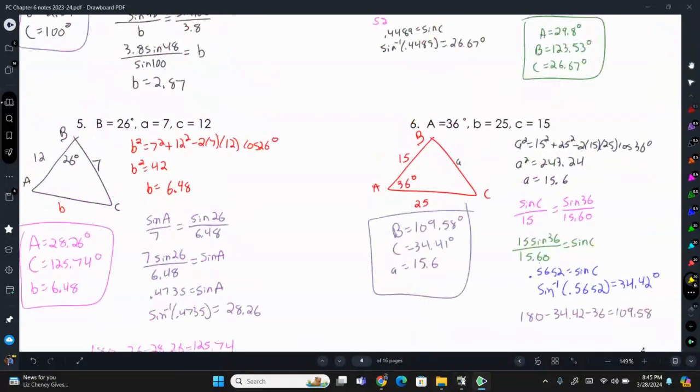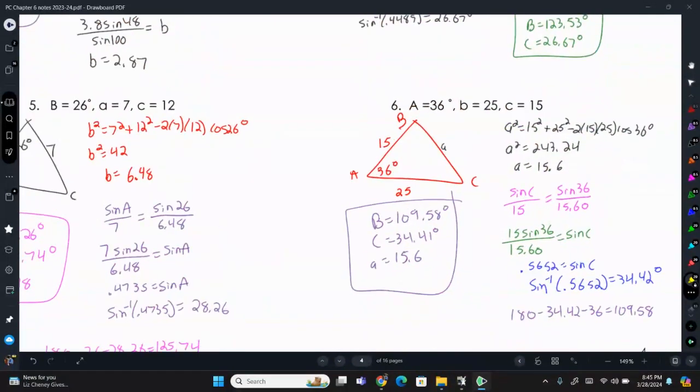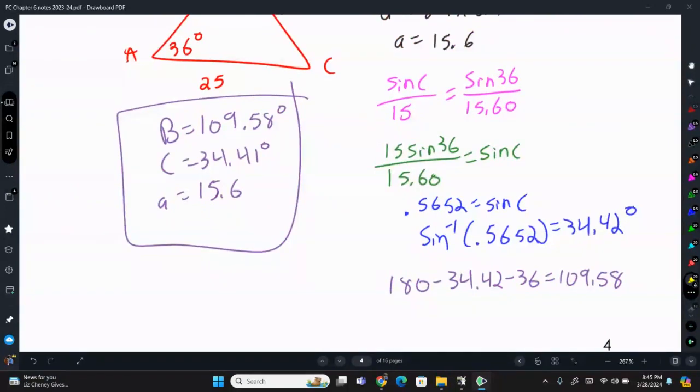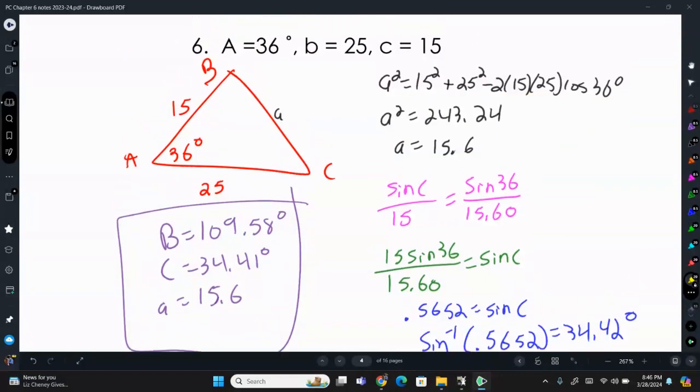You may say, well, why didn't we have to do that yesterday up here when we had to find the inverse sine right here and get 34.42 degrees? Well, the reason why it worked yesterday is we were finding the smallest angle. And we knew it was the smallest angle because it was across from the smallest side.